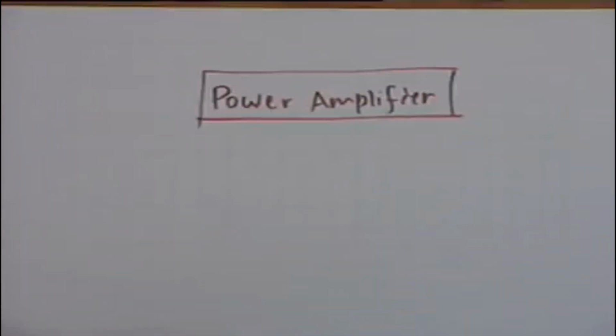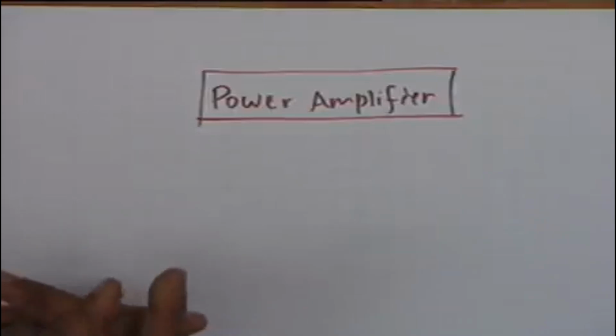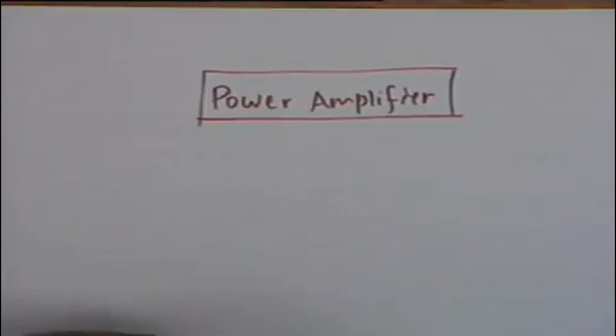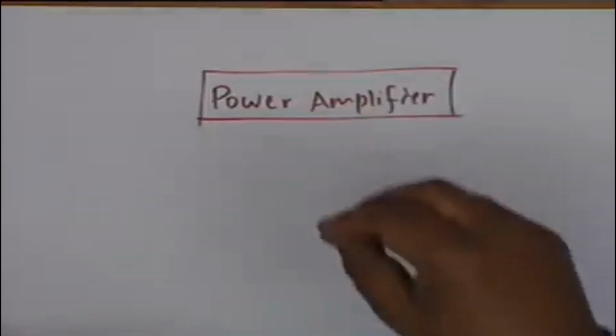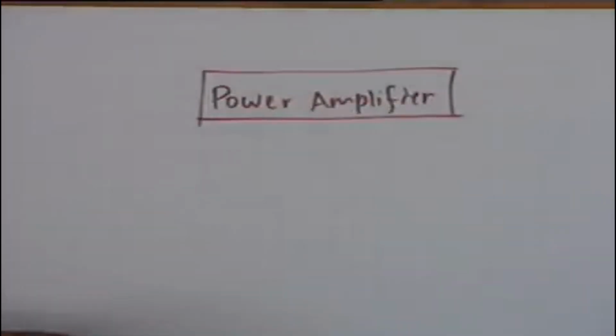Well, the difference between a power amplifier and other amplifiers is that in a power amplifier your aim is to get as much power as possible into the load, and the ideal situation would be that whatever power is drawn from the battery, VCC multiplied by I sub C, that is the power drawn from the battery? Not quite. A little bit of power is also drawn at the base, isn't that right? VBB multiplied by I sub B.